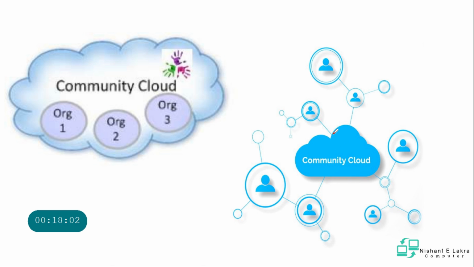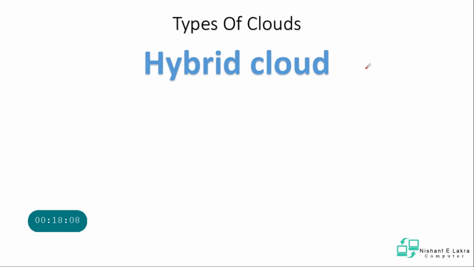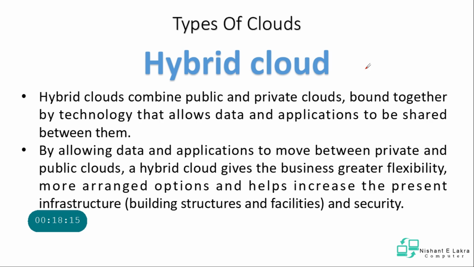The last type of cloud that we'll be talking about is hybrid cloud, like I was telling you before. Now what is this hybrid cloud? Hybrid cloud is a combination of public and private clouds. They are bound together by technology that allows data and applications to be shared between both of these clouds, public and private.